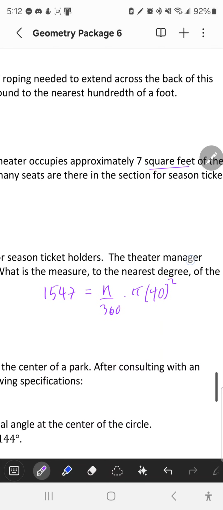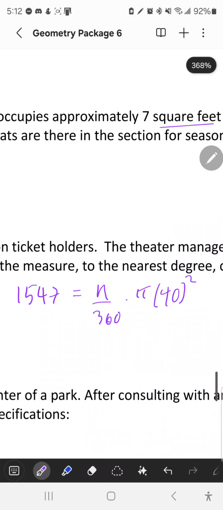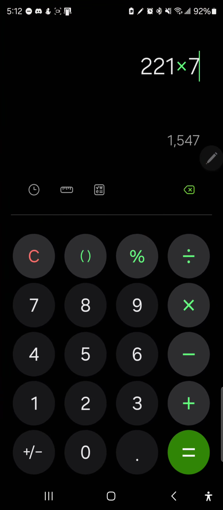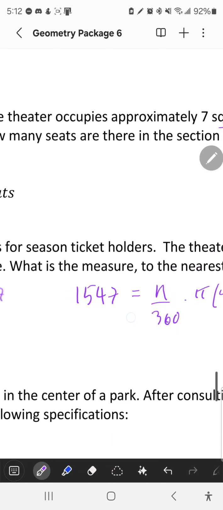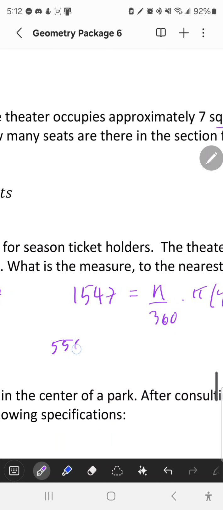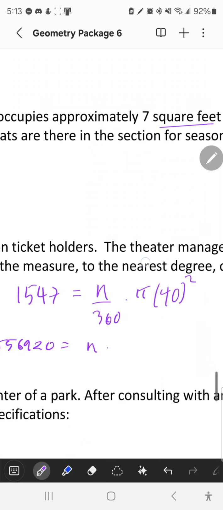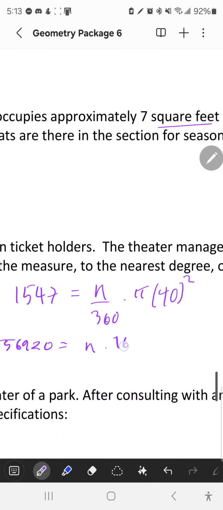Now I can multiply by 360 on both sides. So this is 556,920. So 556,920 is going to equal the angle times 40 squared, which is 1600, so 1600 pi.